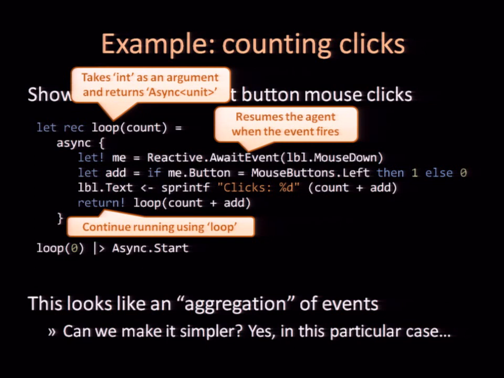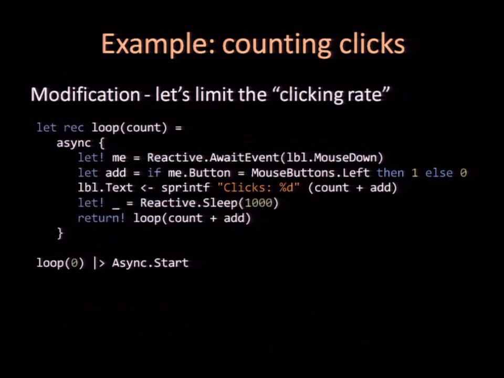But if you use something like this asynchronous workflow, then adding this rate limitation is really easy, because the only thing you need is to do something like this.